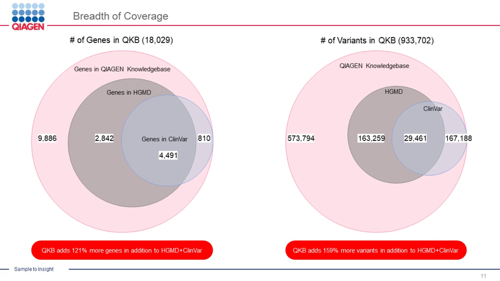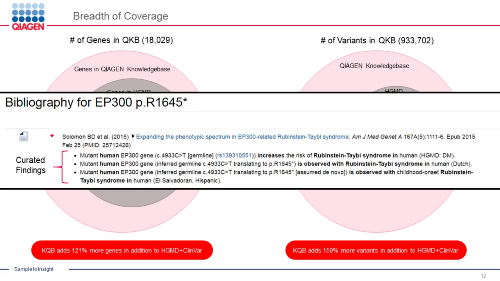On the left, you're seeing that we're adding 121% more genes on top of what's already contained within HGMD and ClinVar. And on the right, you can see that we're adding 159% more variants just from curating from the literature, on top of what's contained in HGMD and ClinVar. So you see the value that our manually curated content has added.